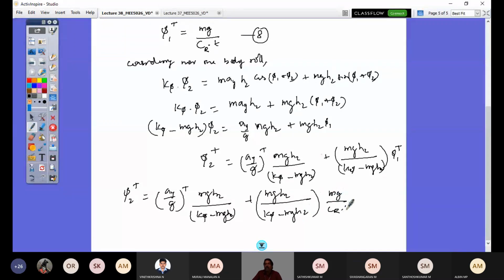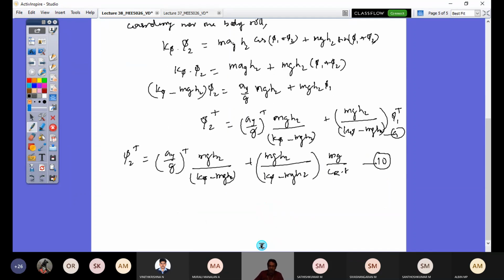This is my expression, the 10th expression. So equation 9 is this, equation 10 is this. Equation 8 and 10 now give you the threshold value of roll of axle and body respectively.